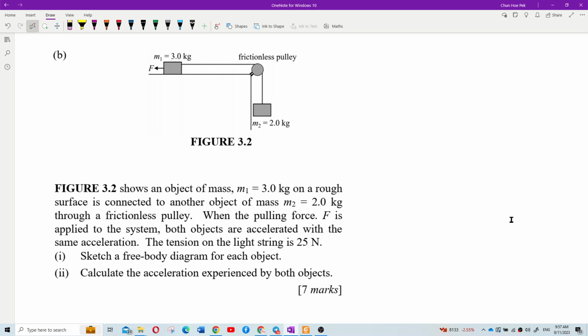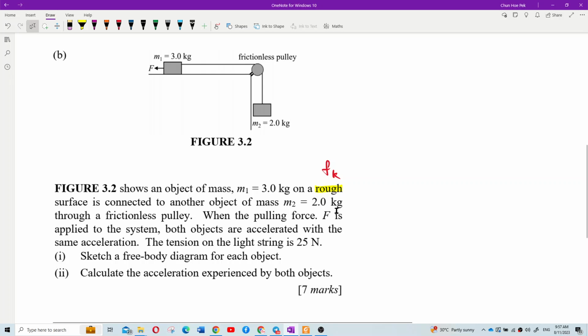Figure 3.2 shows an object of mass m1, 3 kilogram, on a rough surface. Rough surface, that means there is friction, kinetic friction if it is moving. It is connected to another object of 2 kilogram.